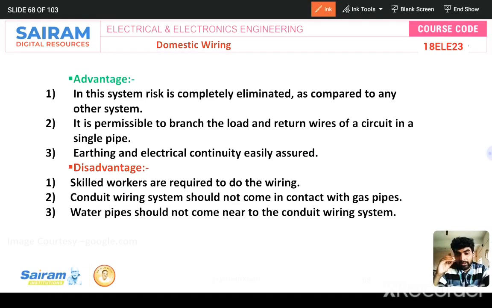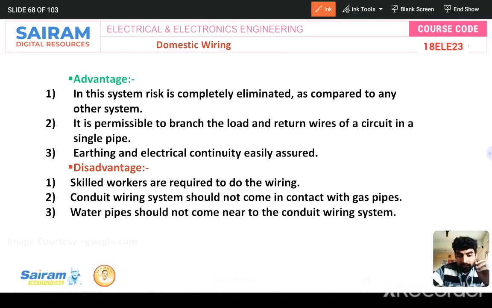Also, compared to surface conduit, in concealed conduit wiring, earthing of the electricity conduit can easily be done. But in open conduit, sometimes if earthing is improper and you touch the equipment, you may get a shock, right?